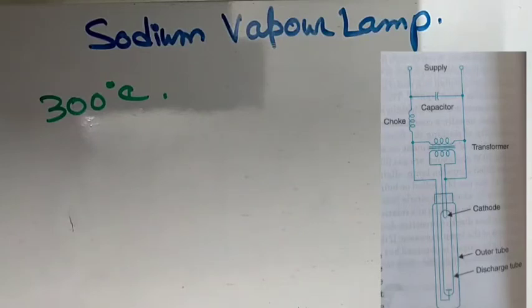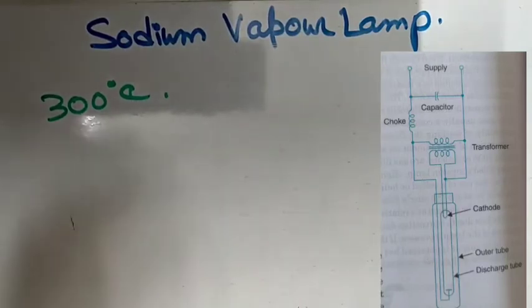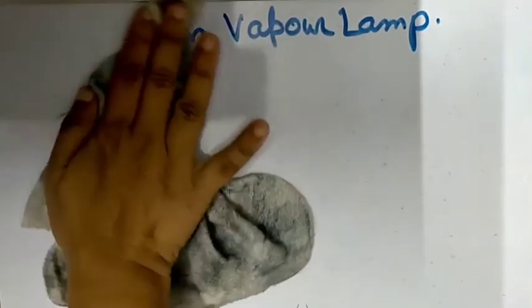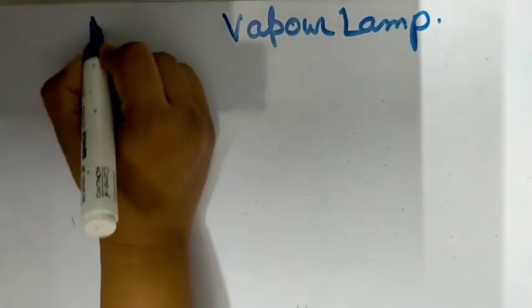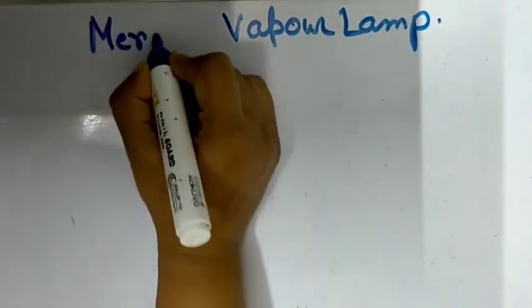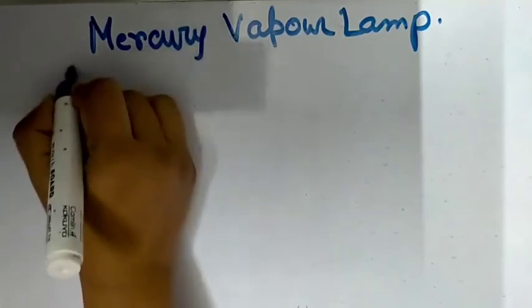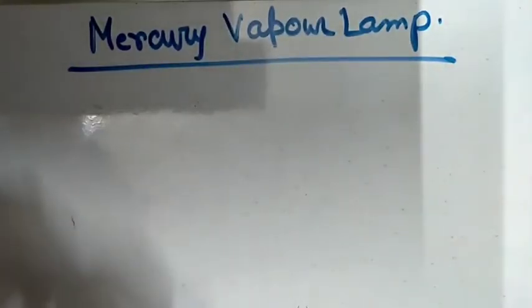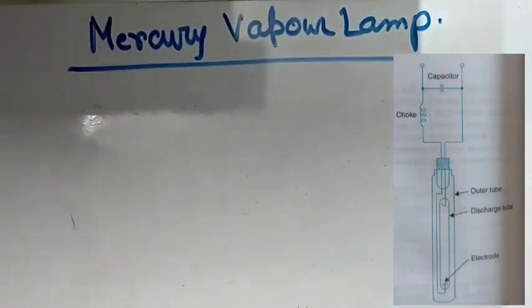Next is the mercury vapor lamp. The mercury vapor lamp is similar in construction to the sodium vapor lamp and consists of a double glass bulb.